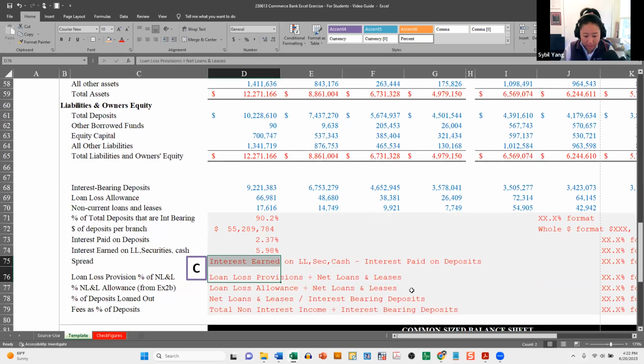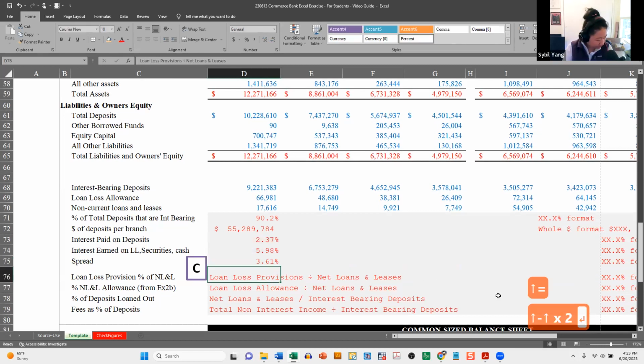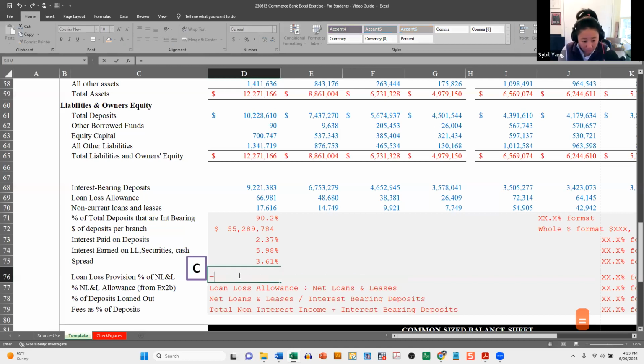Okay, the spread is the interest earned minus the interest paid on deposits. So that's the interest earned minus the interest paid. So that's my spread. Okay. Loan loss provisions as a percentage of net loans and leases. So how much of my loans and leases am I writing off as a loss, or anticipating to be at a loss.